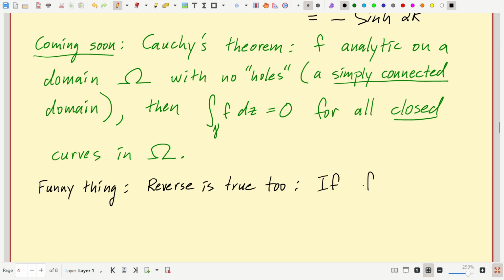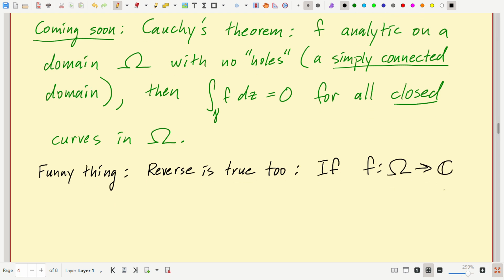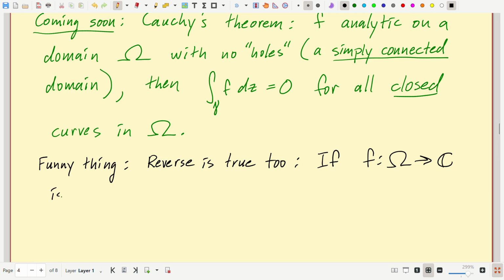If f from omega to C is continuous, so you can make sense of those integrals, it's continuous on a domain omega. You don't even have to think about simply connected in this case.